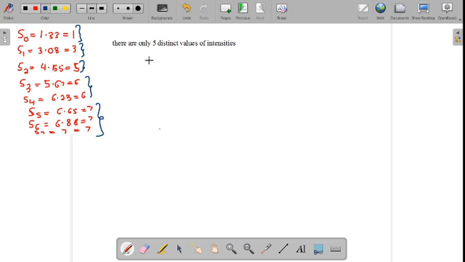Okay, now earlier the input was what? R0, R0 equal to 0, was mapped to S1, which is equal to 1.